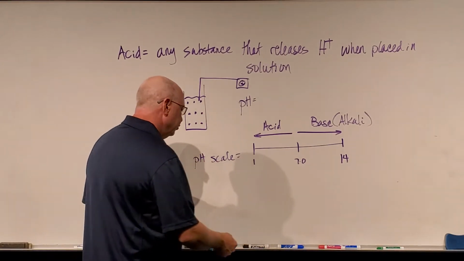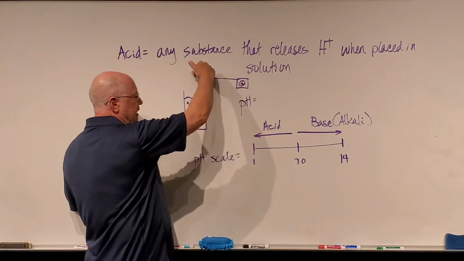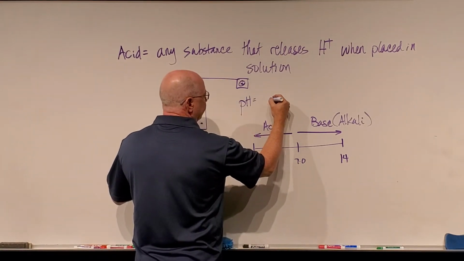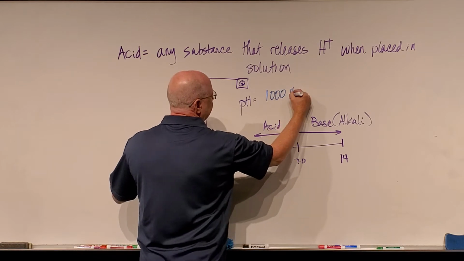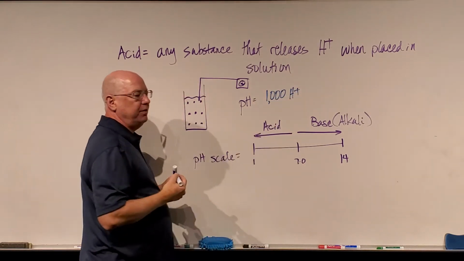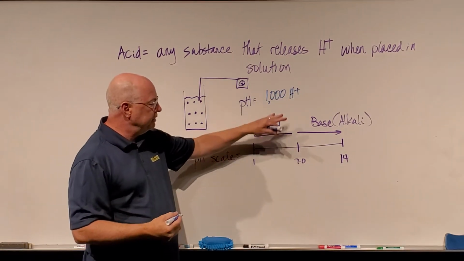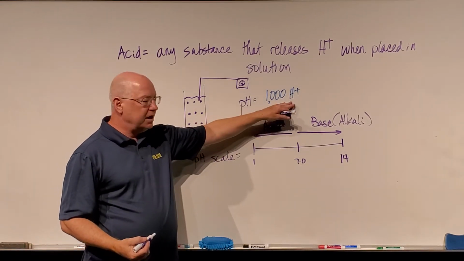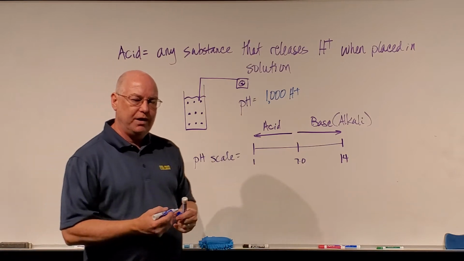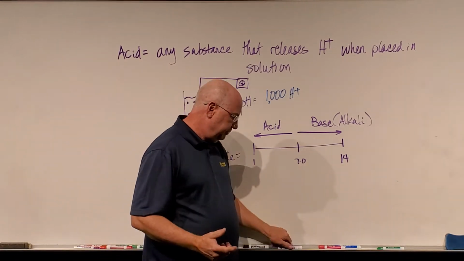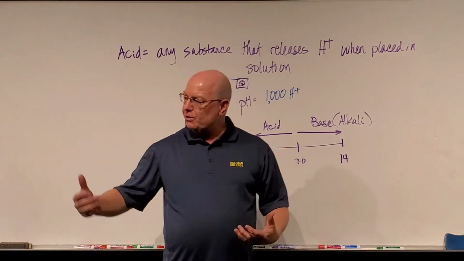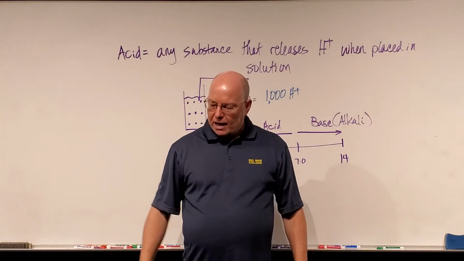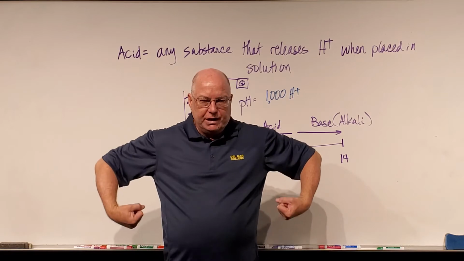So let's say that when I dip this pH probe into the solution, it tells me that I have 1,000 free hydrogen ions floating around in there. Some pH number that tells me it's acidic. It is an acid because it's already got 1,000 hydrogen ions floating around. Here's what I mean by that. If I had a group of people walk into this room, let's say 100 guys, and each guy has a basketball under each arm.